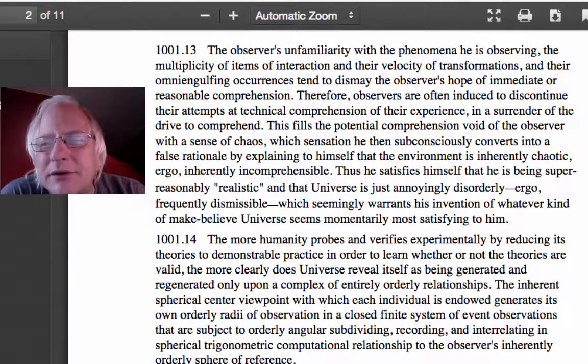This fills the potential comprehension void of the observer with a sense of chaos, which sensation he then subconsciously converts into a false rationale by explaining to himself that the environment is inherently chaotic, ergo, inherently incomprehensible. Thus, he satisfies himself that he is being super reasonably realistic and that universe is just annoyingly disorderly, ergo, frequently dismissible, which seemingly warrants his invention of whatever kind of make-believe universe seems momentarily most satisfying to him.